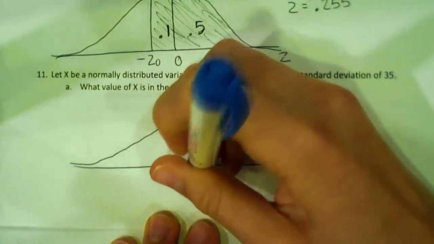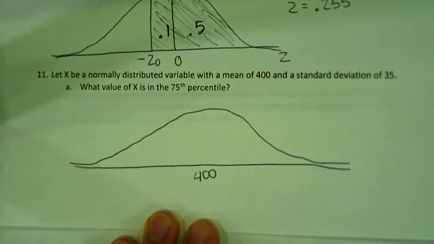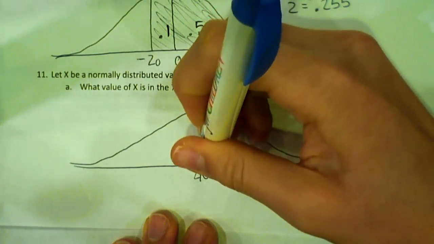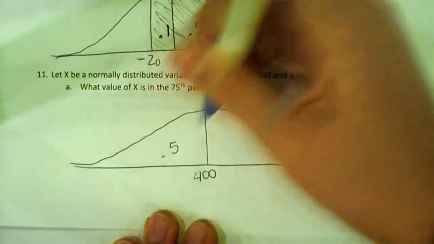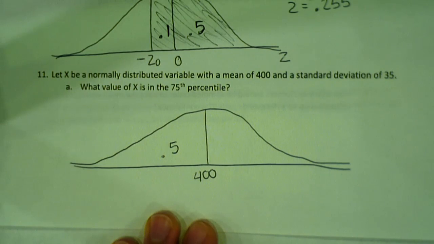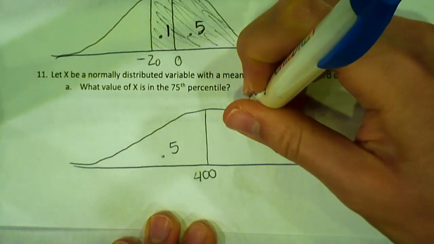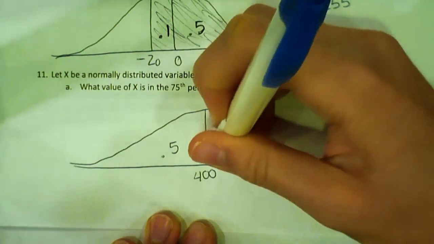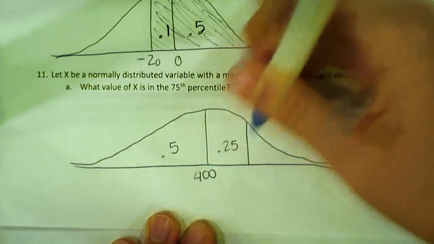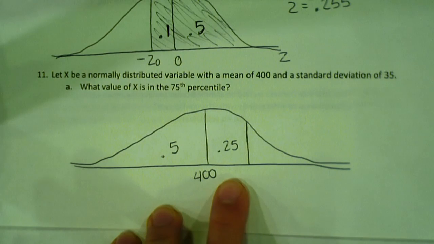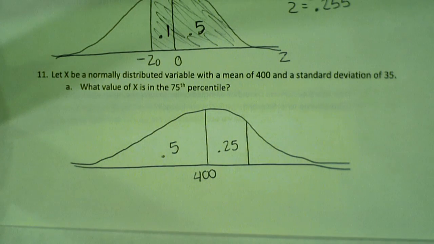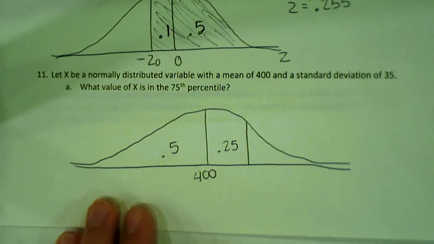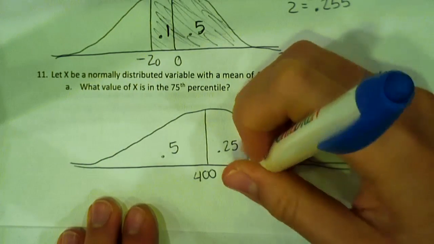We have 400 as our mean. Again, this would be 50%. So then if we wanted to find the 75th percentile, we're just adding an additional 25% onto that. And this is what we're solving for.